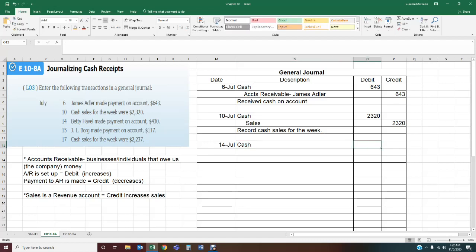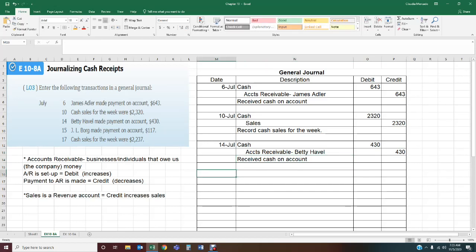Cash increases by $430. Now I'm going to credit my accounts receivable, and we're going to note this payment was received from Betty Havel for $430. And we received cash on account.